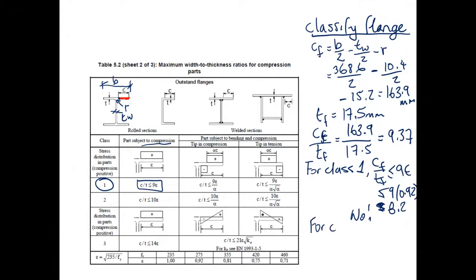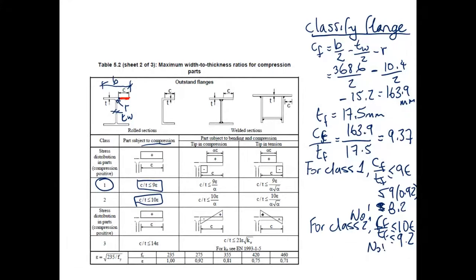Okay, so for class 2, we need C_f over T_f to be less than or equal to 10 epsilon. So we could try 10 epsilon, and epsilon being 0.92, that's 9.2. So it's not.